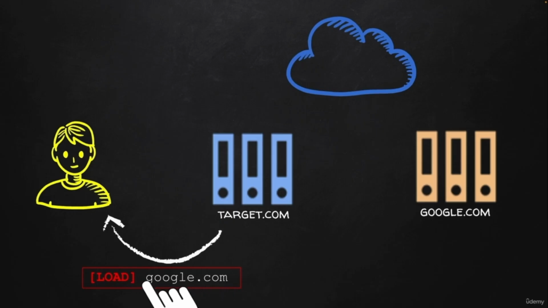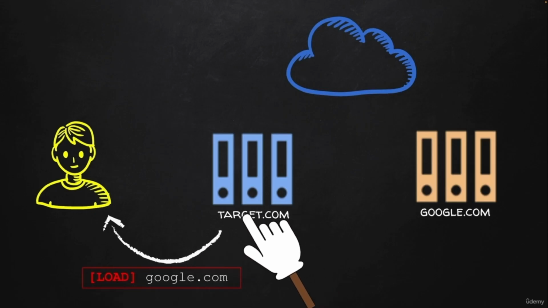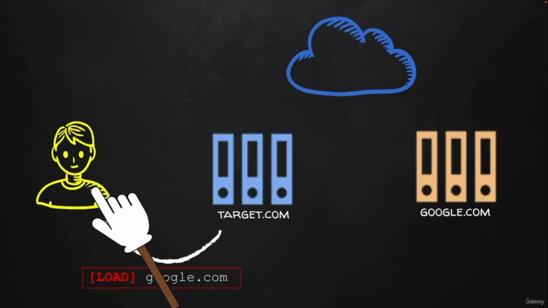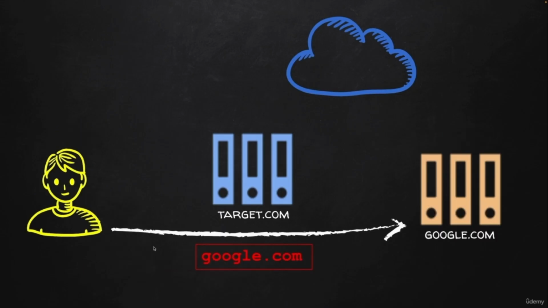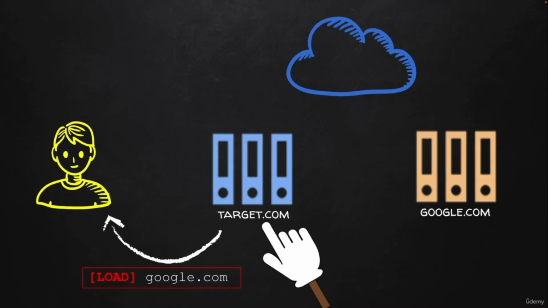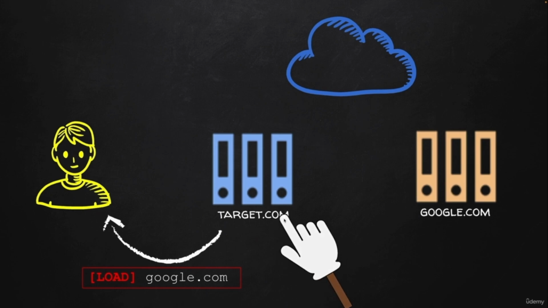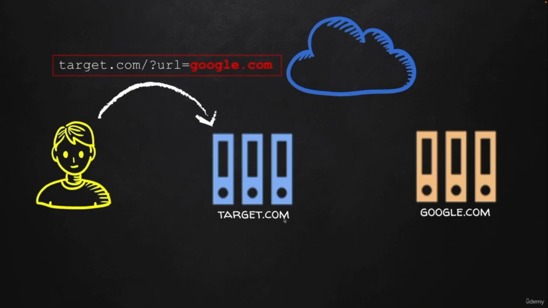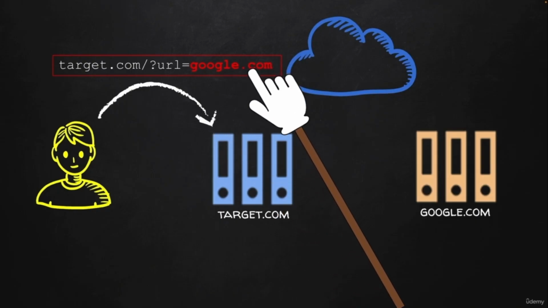I have "load" here in red because there are a number of ways a web server can tell a web browser to load a different website. What's causing the web browser to load the specified website is the response coming back from the target website as a result of the initial request that the user sends with the URL specified.